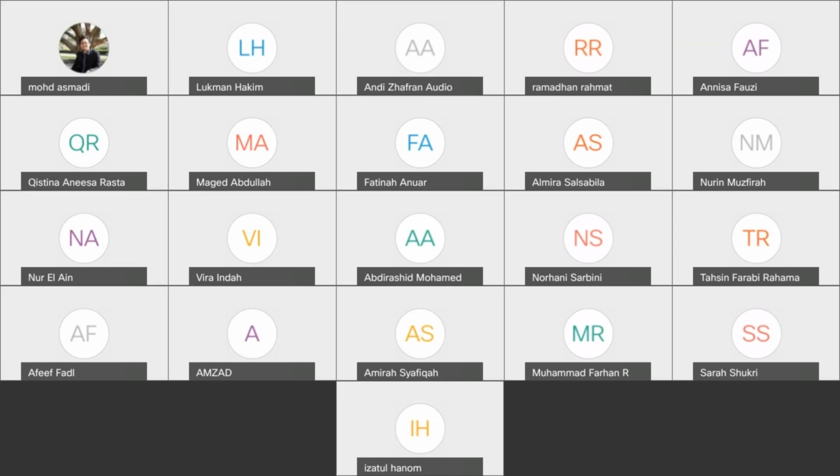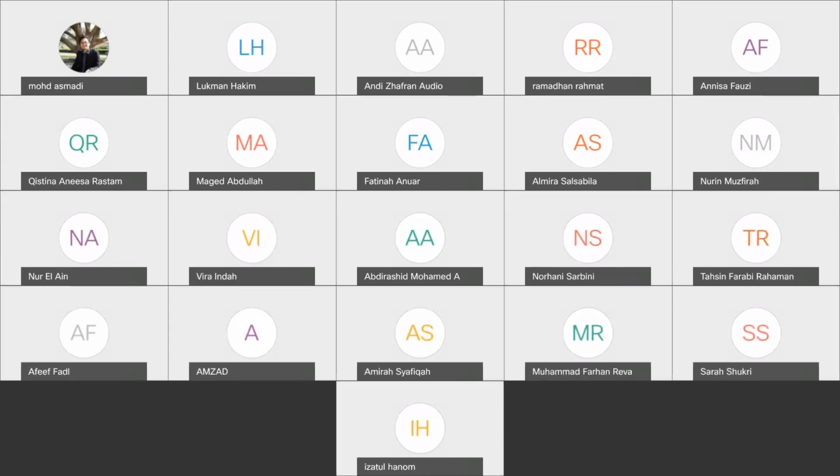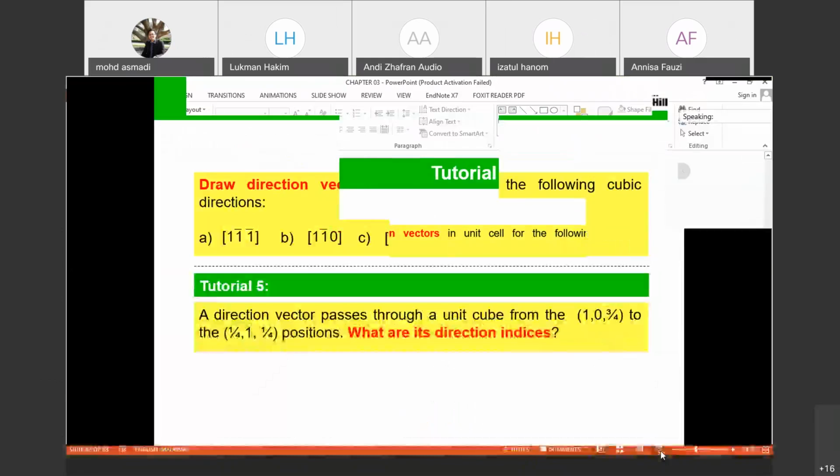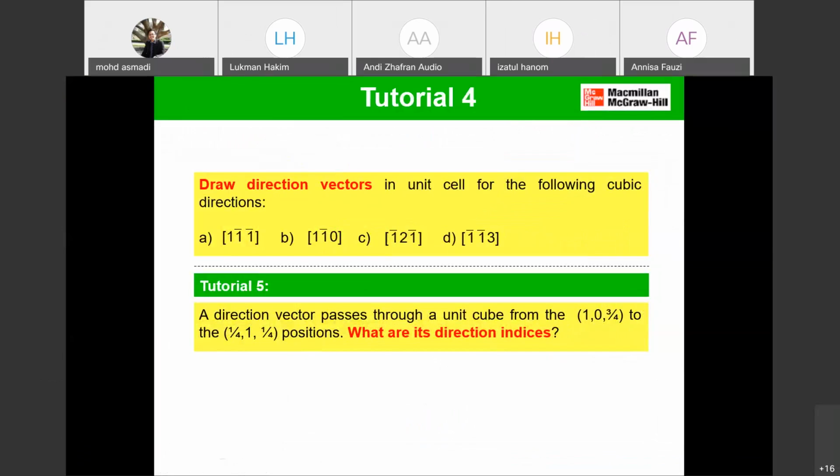That's why it's important to define a new origin. Okay, the answer. Okay, Almira. Just now I see your answer, Almira. L for C. The direction is okay, it's negative 1 to 1.